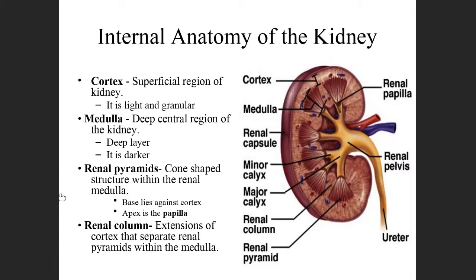Then what is a renal pyramid? These renal pyramids are pyramidal in shape, like this. This is the base of the renal pyramid, and this is the apex of the renal pyramid. And then what are renal columns?